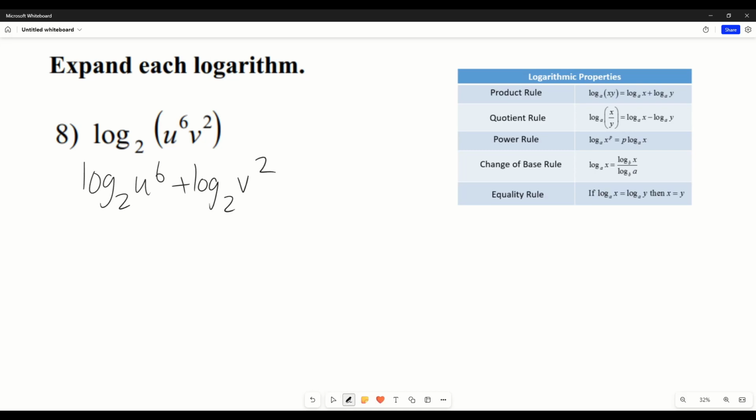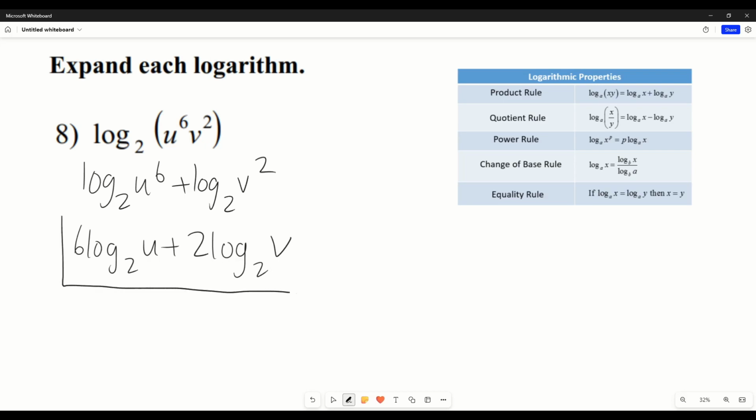And we're going to use the power rule by bringing this exponent to the front of this log. So we have 6 times log base 2 of u plus 2 times log base 2 of v. This is our completed expanded form of this logarithm.